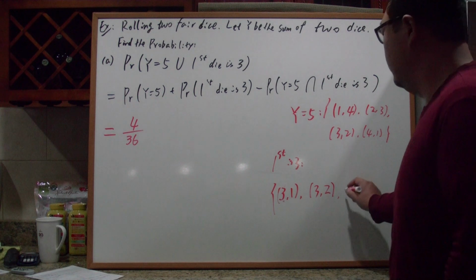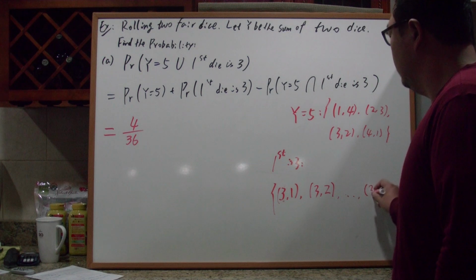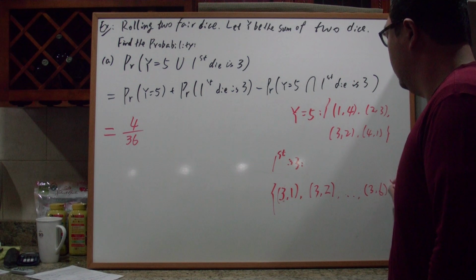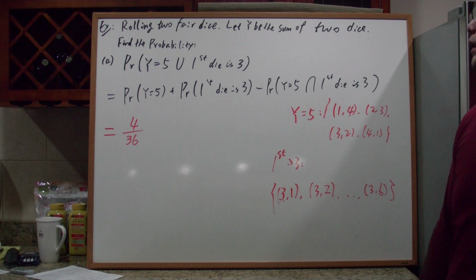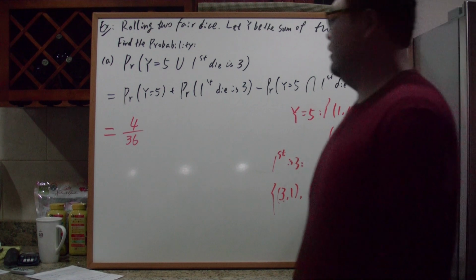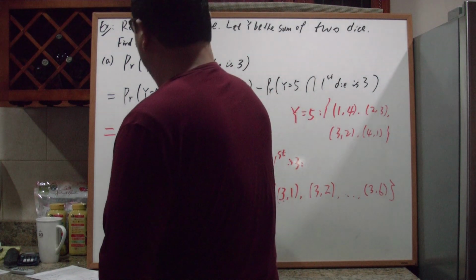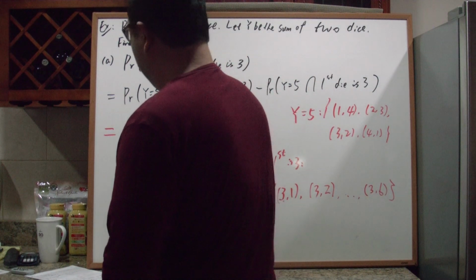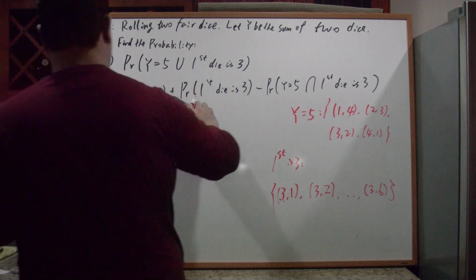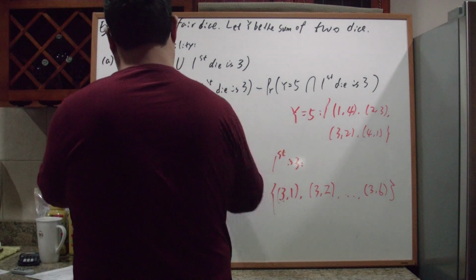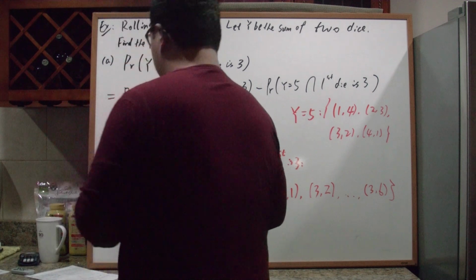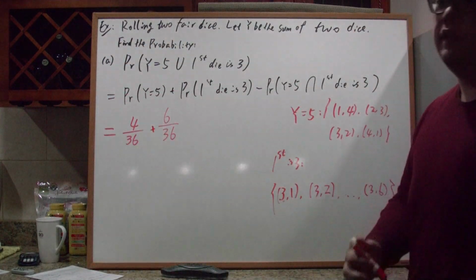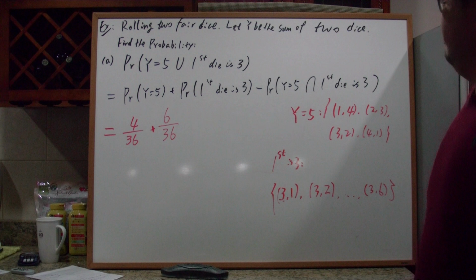Then it can take value from 3, 1, 3, 2 all the way to 3, 6. That's 6 different outcomes. Therefore, the probability is 6 over 36.